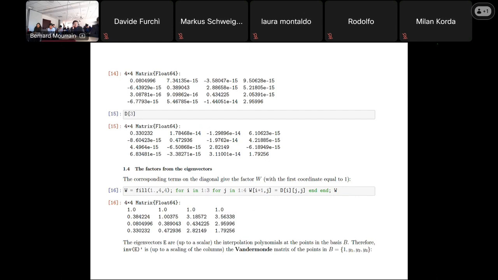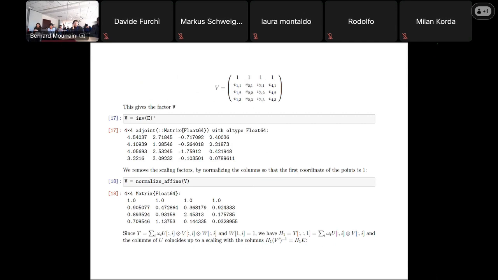The eigenvectors E that are computed correspond to the interpolation polynomials in the basis. So when you transpose and invert it, you get the Vandermonde at the points. The Vandermonde in this basis will give the values we are looking for.